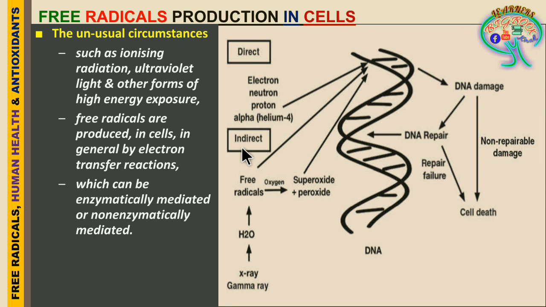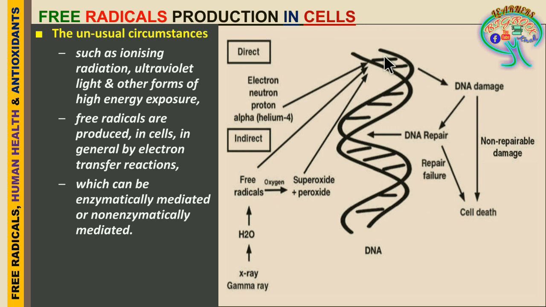When you consider the indirect form, you can see that the X-ray or gamma rays impact the water molecules, generating free radicals and releasing oxygen, which is again converted to superoxide and peroxides.